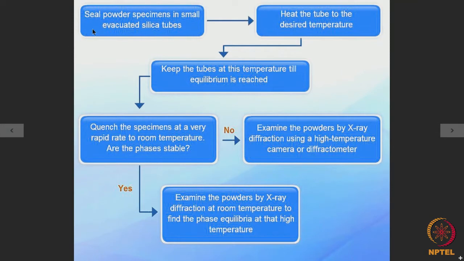The first step is make the powder and seal the powder specimens in small evacuated silica tubes. Then heat the tube to the desired temperature. We keep the tubes at a particular temperature till equilibrium is reached.